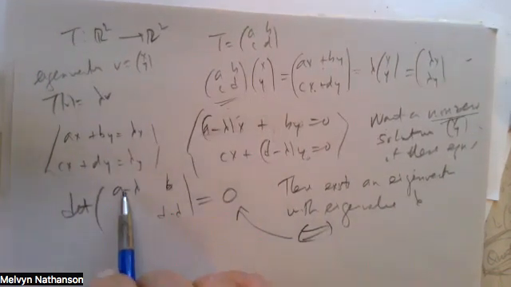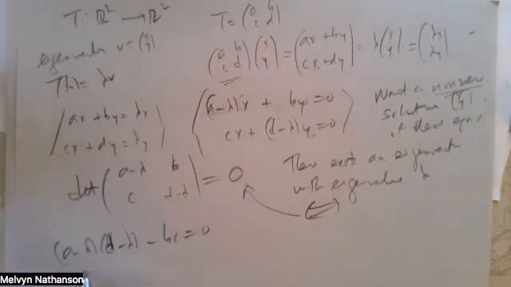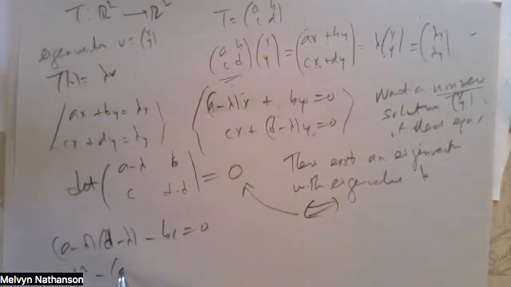We know the determinant is this times this minus this times this. So A minus lambda times D minus lambda minus BC equals 0. Or if we expand this, this is just a quadratic equation, lambda squared minus A plus D lambda plus AD minus BC equals 0.